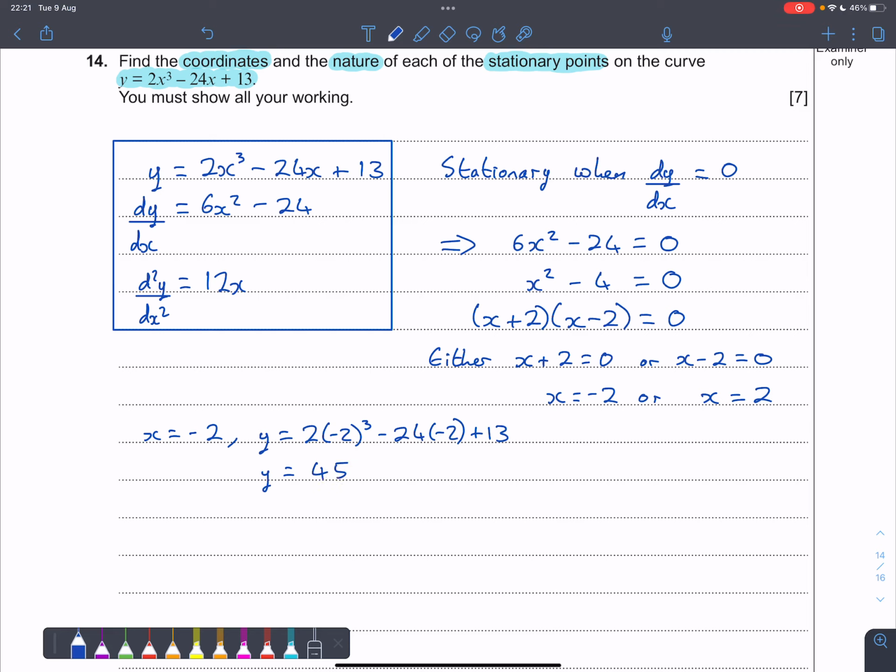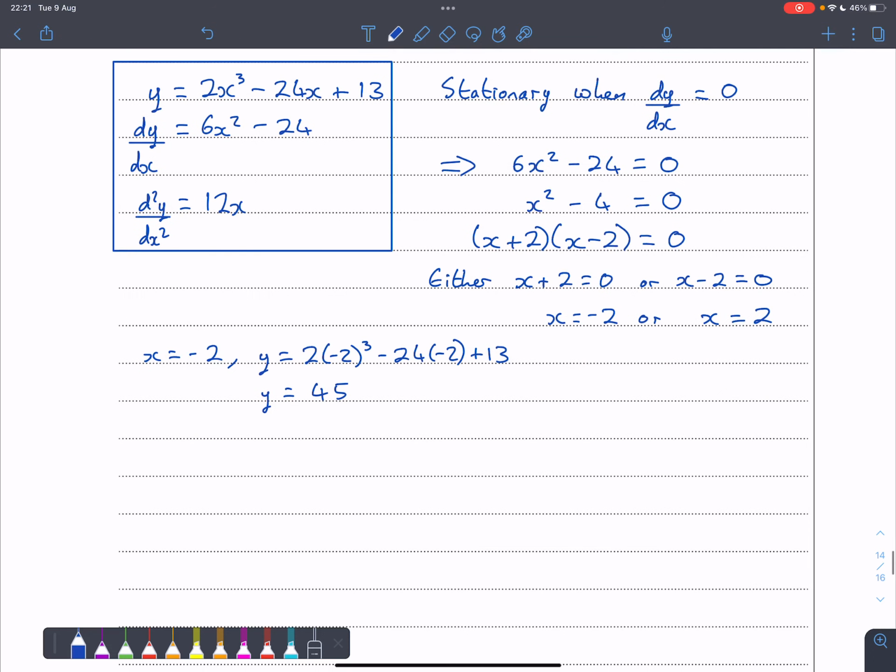Let me just double check I've typed everything into my calculator correctly. Okay, I have. So that gives me the point negative 2, 45. And when x equals 2, doing the same substitution but putting in 2 instead of negative 2, I get negative 19.